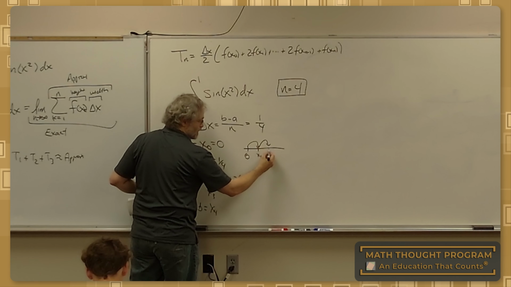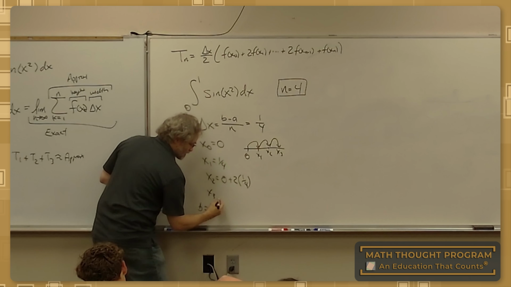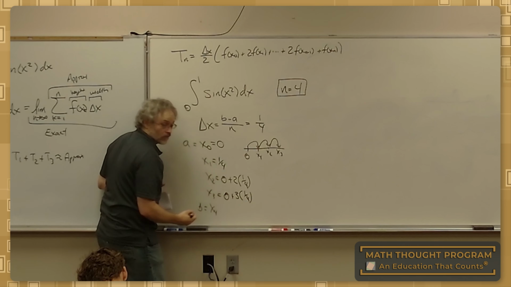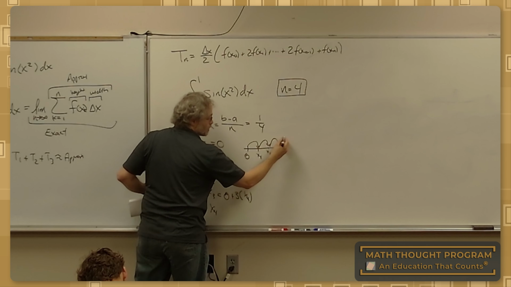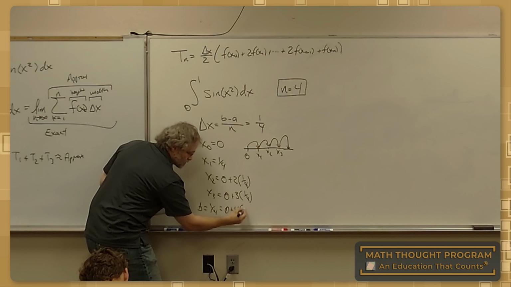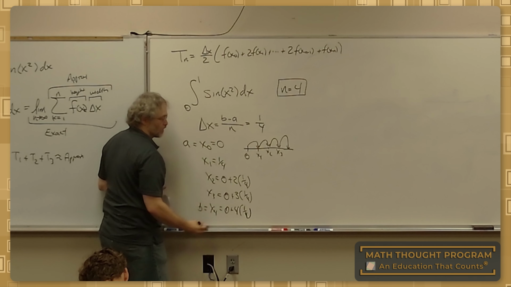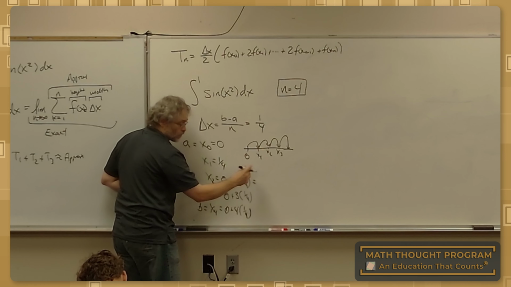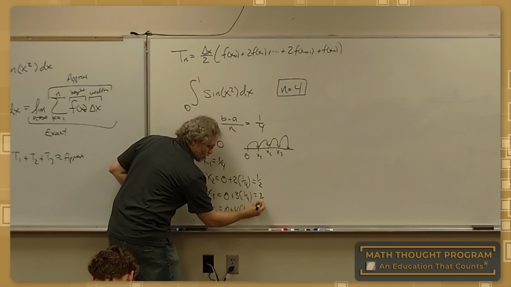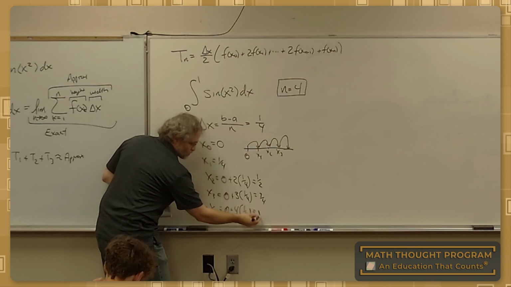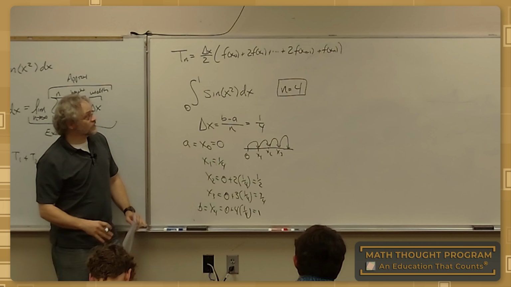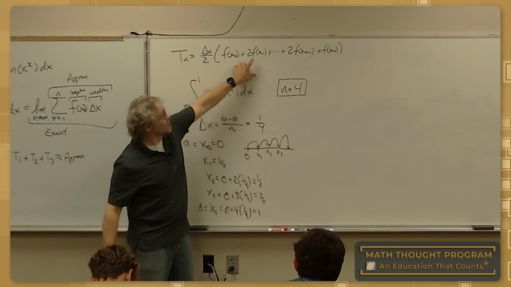And then the next one is 0 plus 3 times a fourth, and then 0 plus 4 times a fourth. So in other words, I'm going to have 2/4, or a half, 3/4, and then 4/4, which is 1.